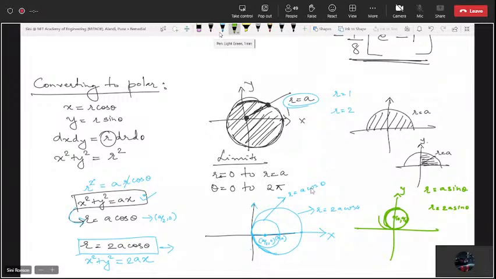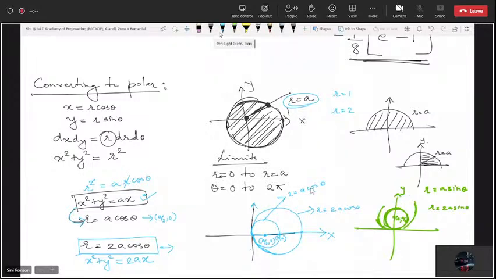Yes, like this, ऐसा. समझ में आया ना अभी? Yes. Okay, so remember, if you are having circle के equation में sin, the center will be on your y-axis, and if you are having circle equation with cos, then the center is going to be on your x-axis.